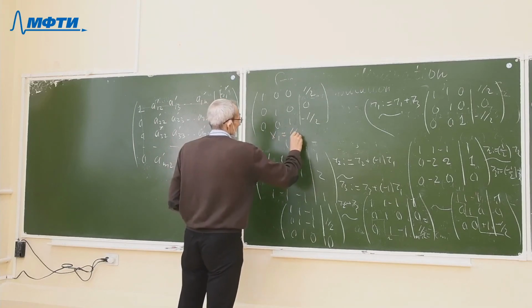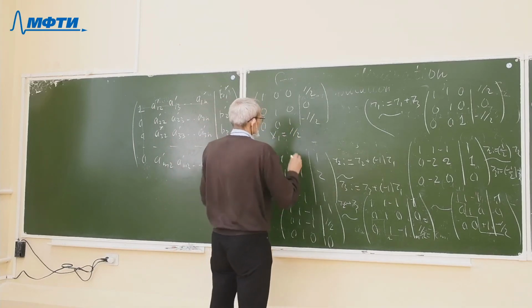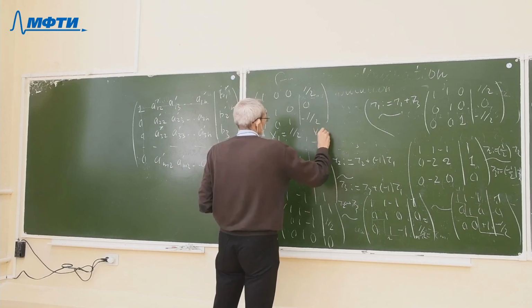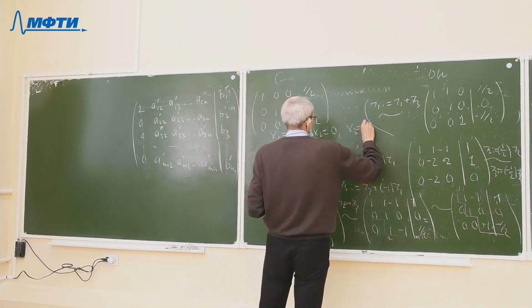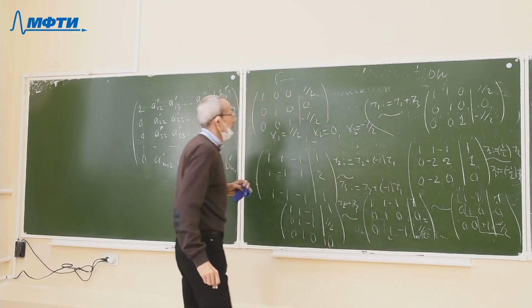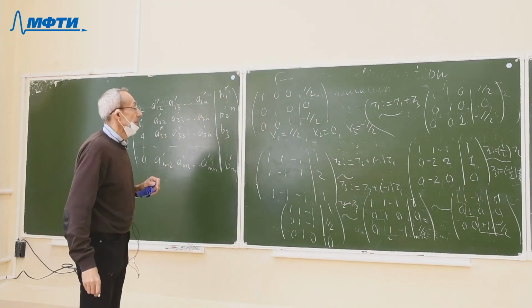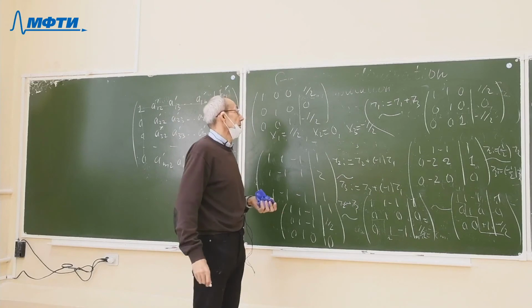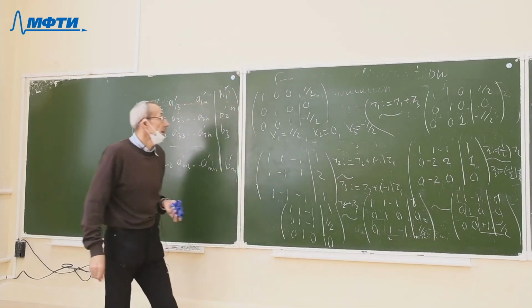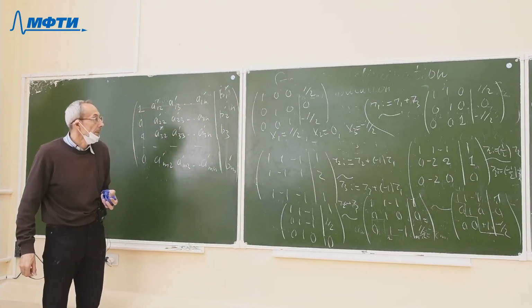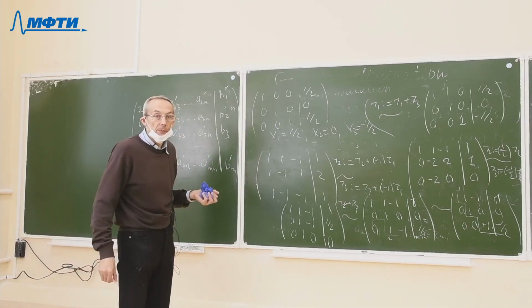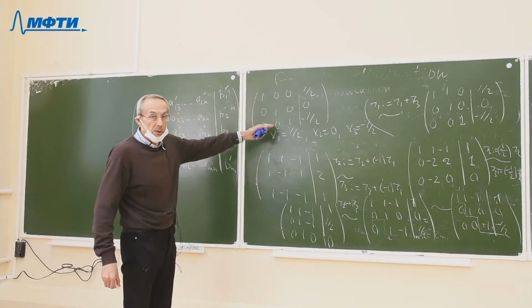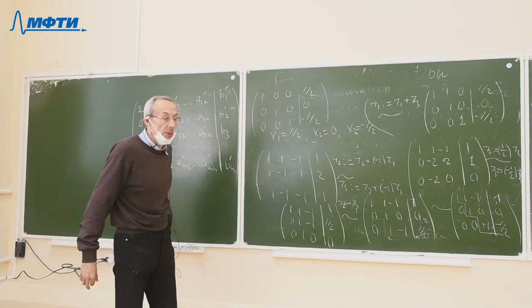X1 is equal to the ratio 1, 2, X2 is equal 0, X3 is equal minus the ratio 1, 2, 1, 2. We can see the identity matrix in the left side and the solution.